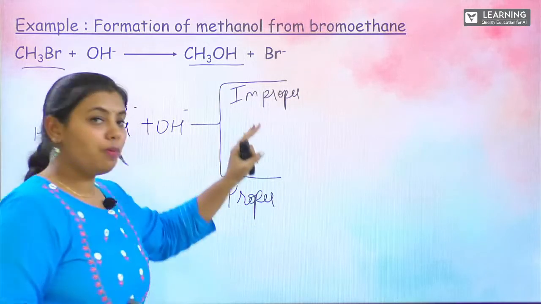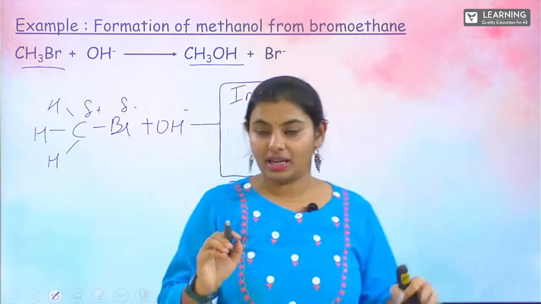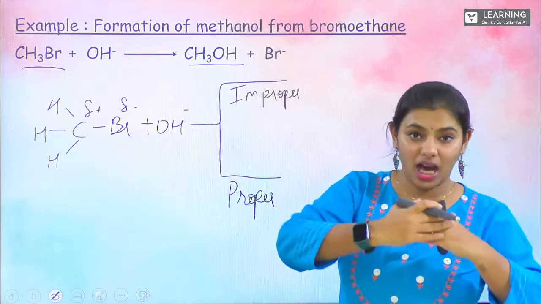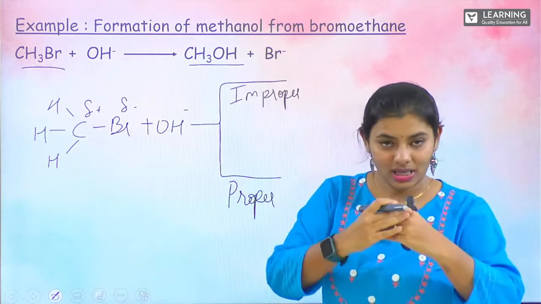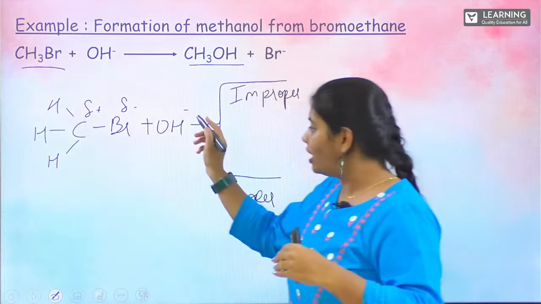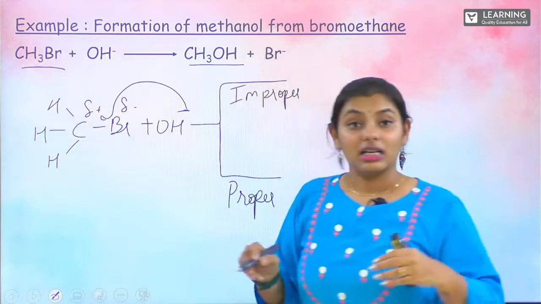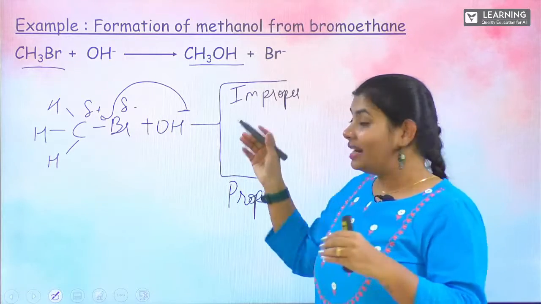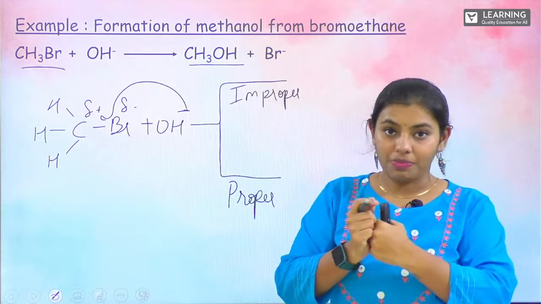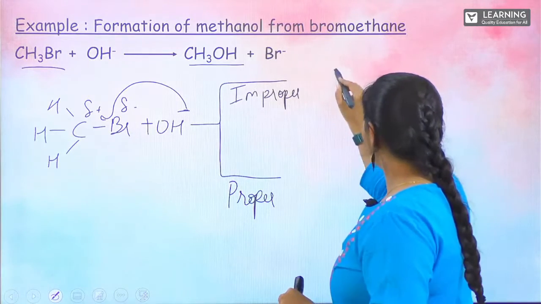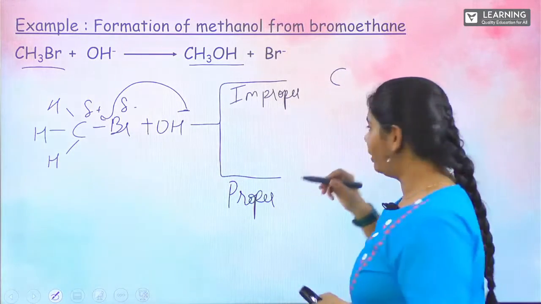Clear? So with improper orientation, what exactly is happening? Here our OH is going to go and attack the CH3 plus, with Br just going away. OH is going to attack the CH3 plus directly from the front. So with this kind of orientation, are we going to get the desired product? Can you all just think about it?